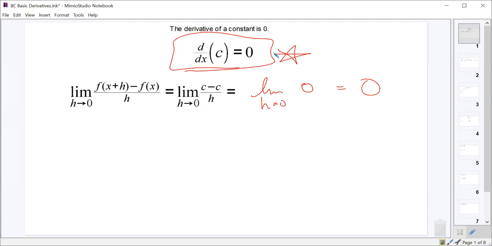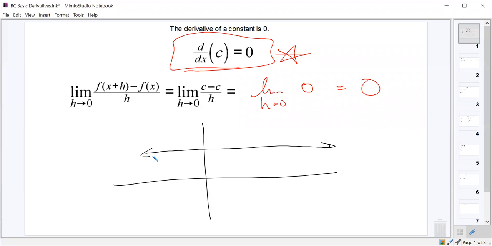Derivative of 7 is 0. The derivative of negative 13 is probably 0. Yes, probably 0. And that makes sense, because remember, the derivative is the slope of the tangent line. If I have a function that is just a constant, it's a horizontal line, and the slope of any horizontal line ought to be 0.